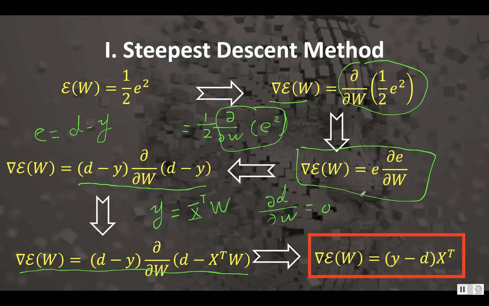And we know the partial derivative of x transpose w over w is nothing but equal to x transpose. Then if we put them together, we will get the final gradient for the cost function, which equals y minus d multiplied with x transpose.